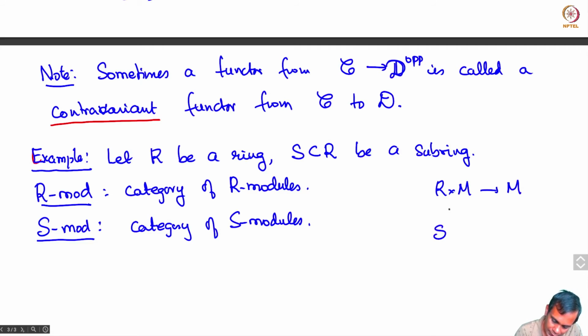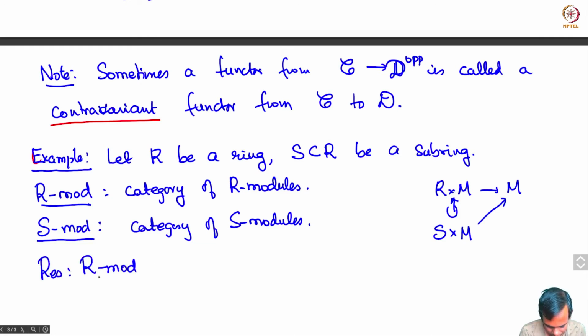So you have S sitting inside R, and you just restrict it, and you get an action of S on M. And so an R module is automatically an S module, and this is called the restriction of structure. So we have a functor res from R mod to S mod. It's called the restriction functor.